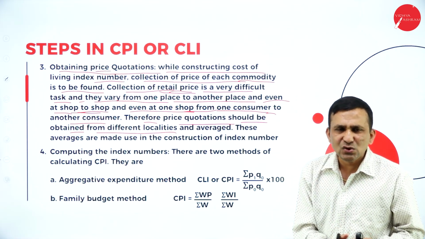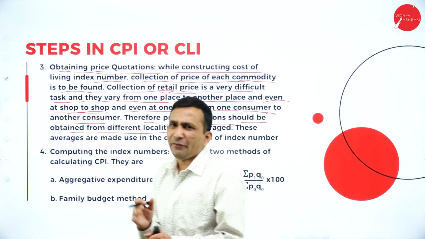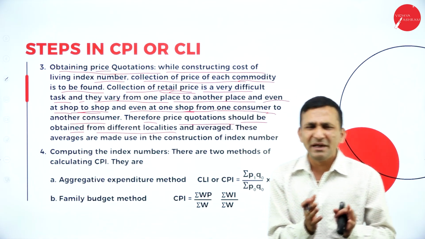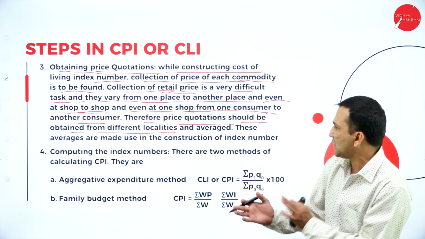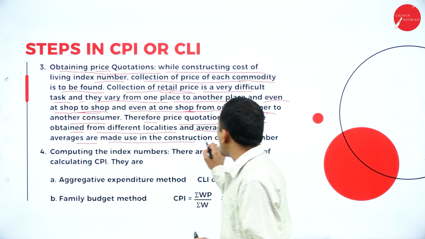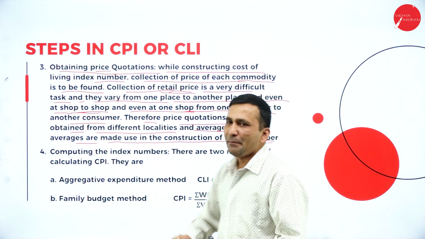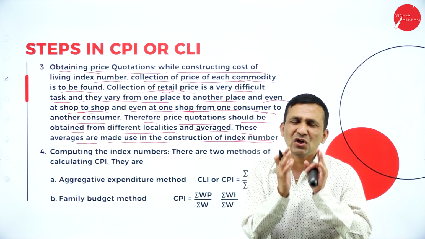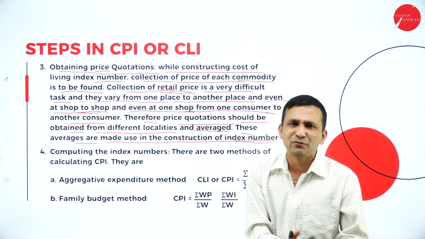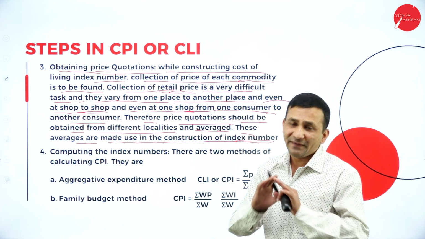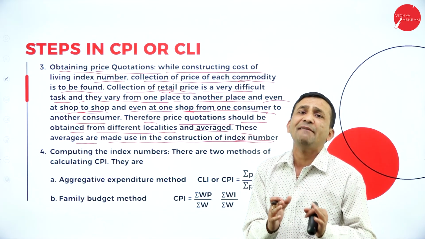For example, the cost of living in Mysuru compared to Bangalore, Chennai or Delhi shows a major difference. These averages are used to construct the index number, because all the information collected, retail, wholesale, shop to shop, consumer to consumer, is equally important. Only then do we get an average.